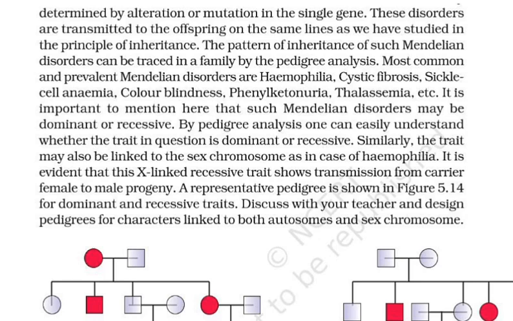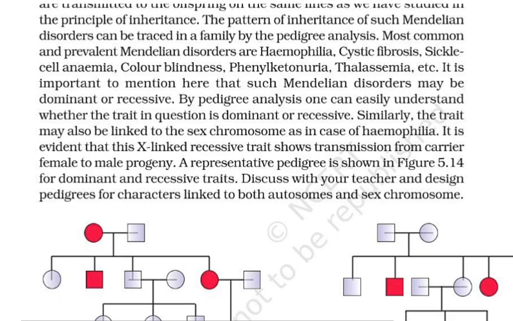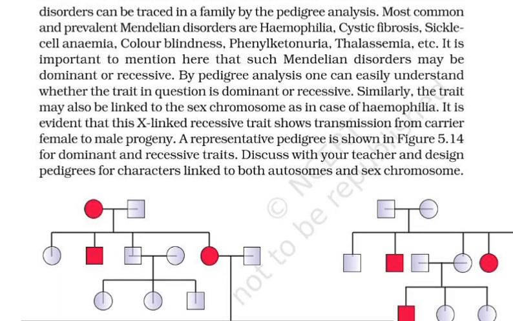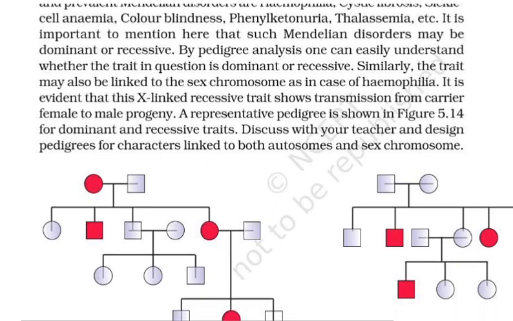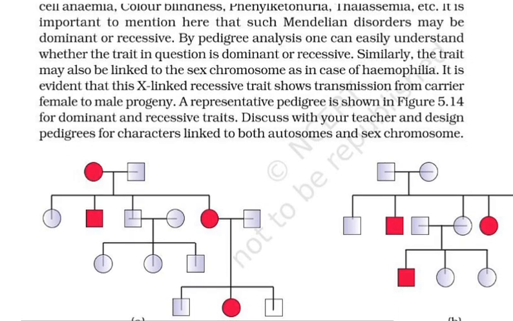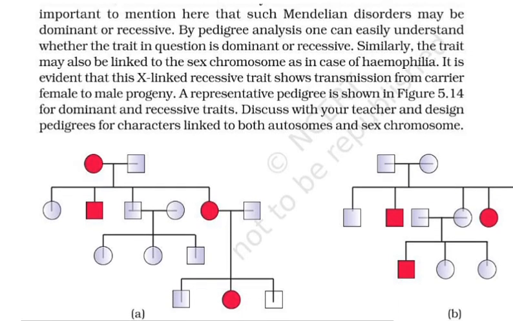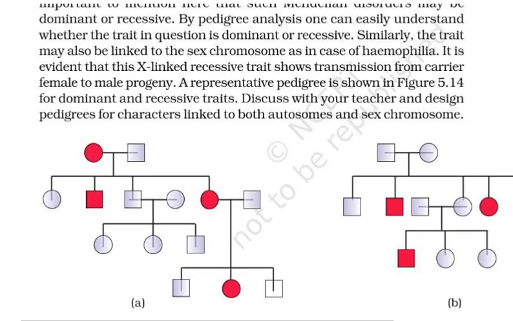As you have studied in this chapter, each and every feature in any organism is controlled by one or the other gene located on the DNA present in the chromosome. Clear? DNA is the carrier of genetic information.